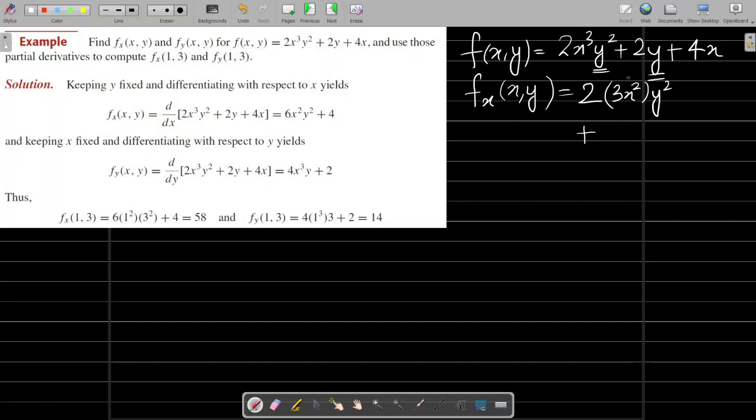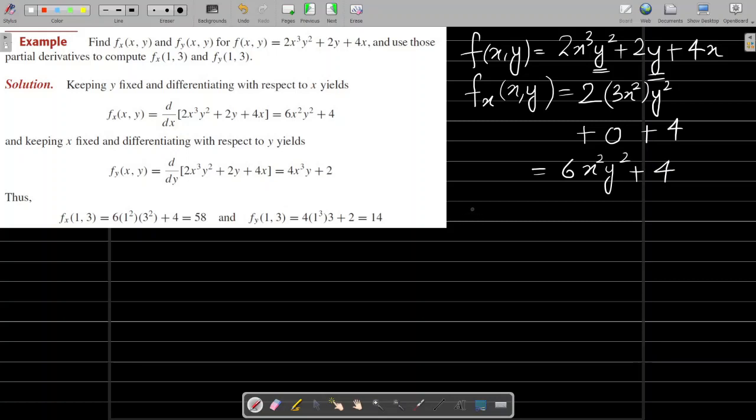As I told you, y is a constant, so the derivative of 2y will be 0, plus what is d by dx of 4x? It is 4. Derivative of 2y becomes 0, and the derivative of 4x with respect to x is 4. So the answer is 6x square y square plus 4.